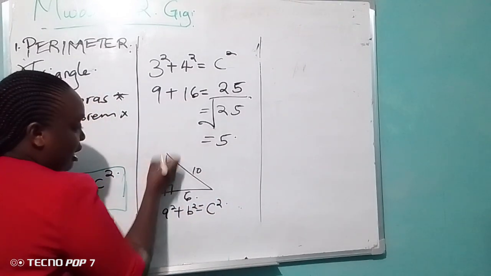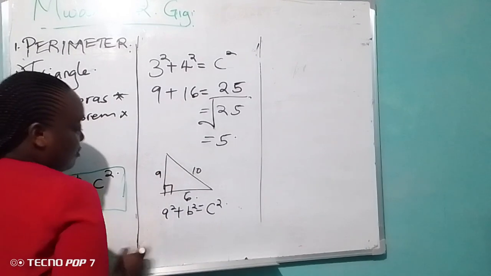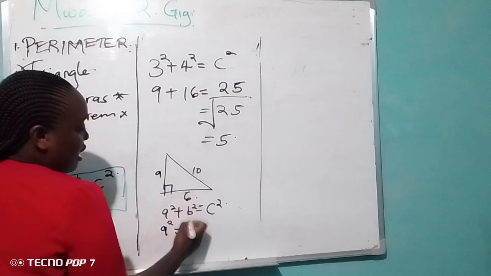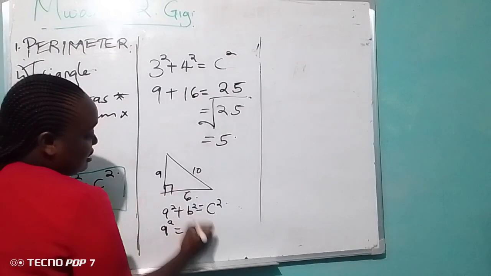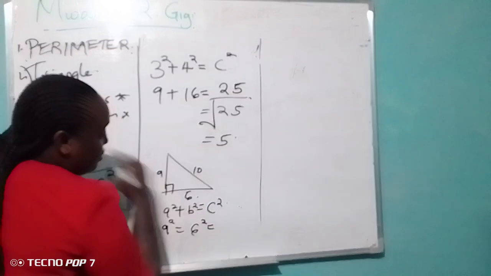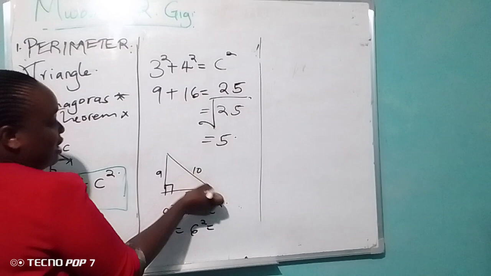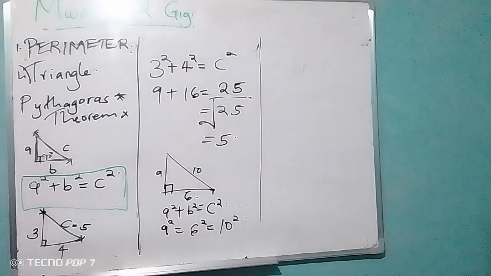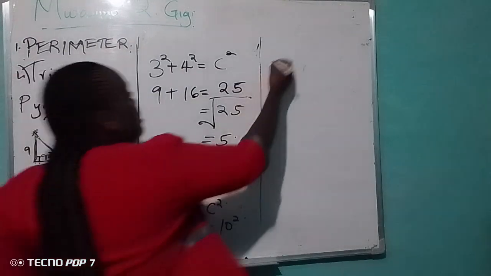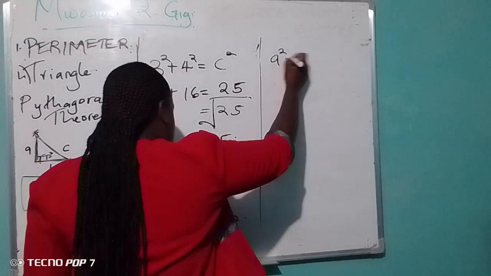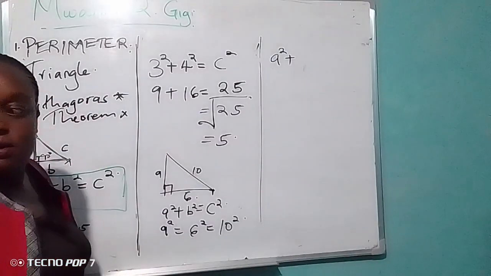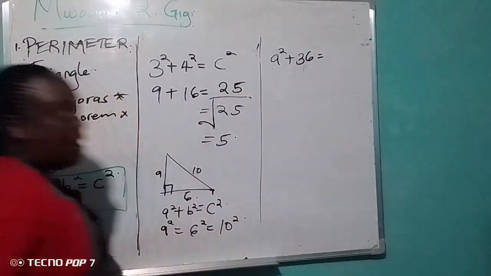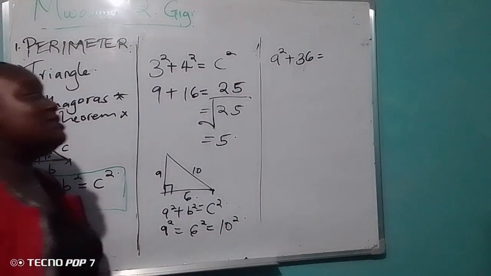A hatuna, so a squared plus b squared ni 6 squared is equals to c squared ni 10 squared. So hebu fanya 6 squared ni ngapi? 36. Is equals to 10 squared ni ngapi? 100. Sindio?